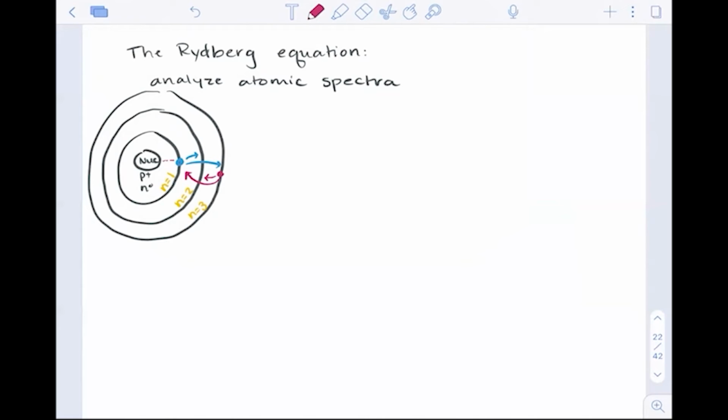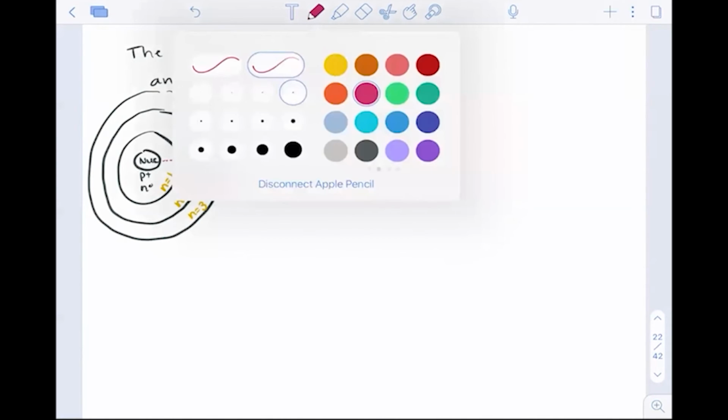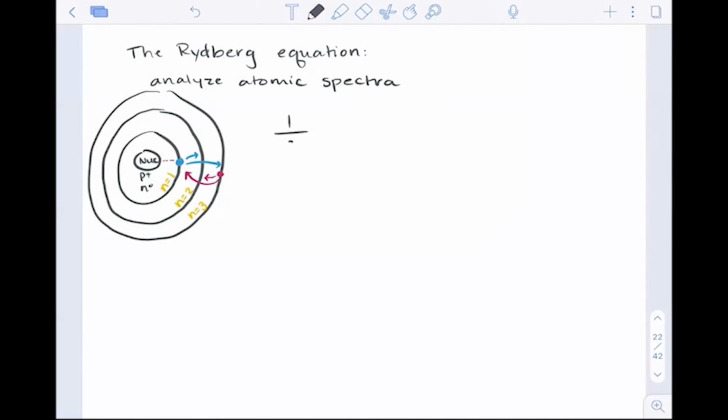Now, when the electron drops back down to a lower energy orbit, that is where it releases energy, and that's the energy we see in the atomic spectra. So the Rydberg equation looks like this. 1 over lambda, the wavelength, is equal to R, which is a constant, times 1 over n squared final, minus 1 over n squared initial.